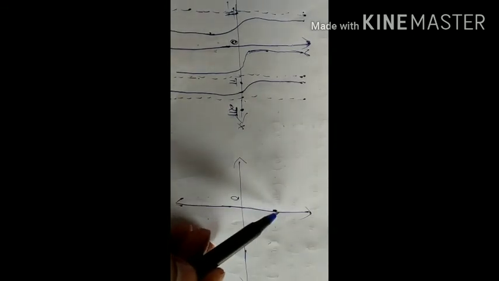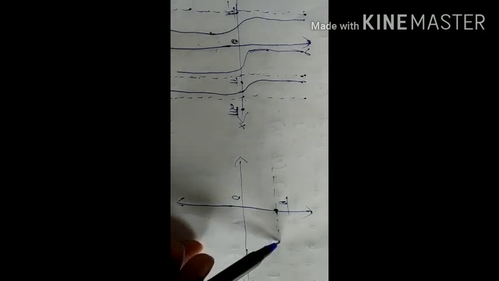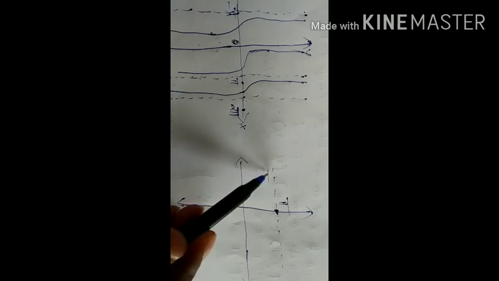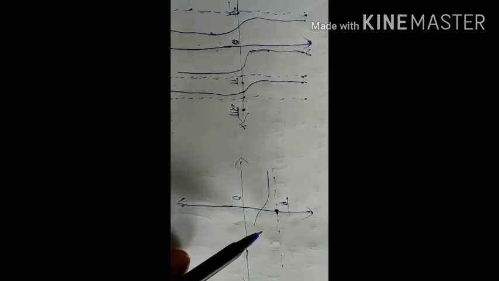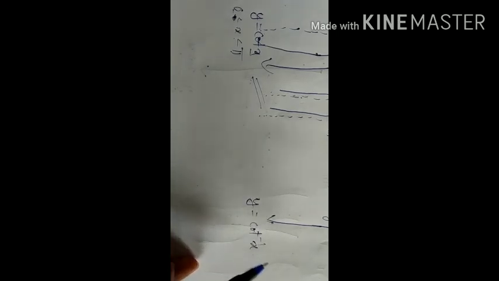The graph is like this. We can draw it like this. This represents y is equal to cot inverse x.